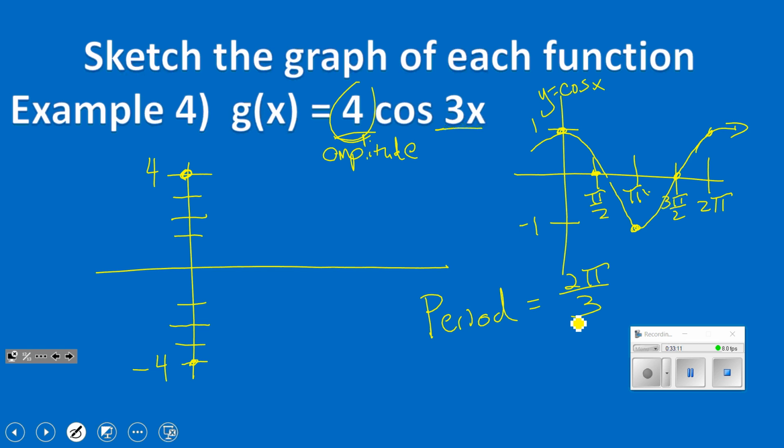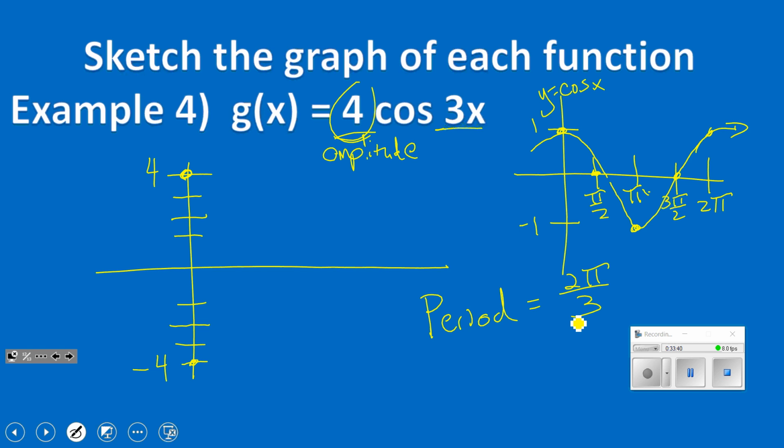So where's 2 pi over 3 on our unit circle? Look right here. Everybody look. Normally you do one complete wave from 0 all the way to 2 pi. We are now going to do one complete wave from 0 to 2 pi over 3.